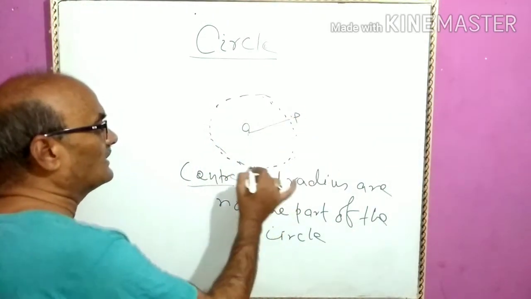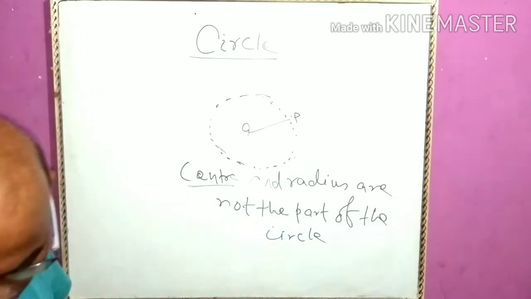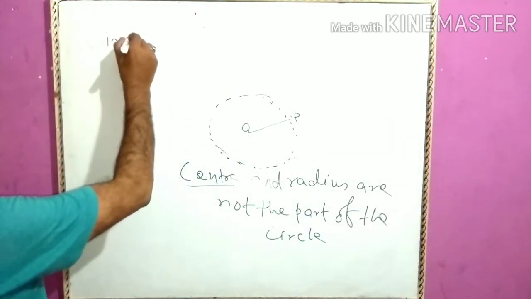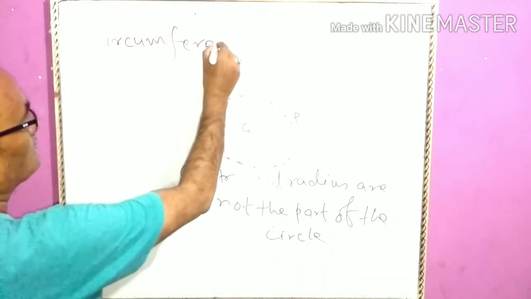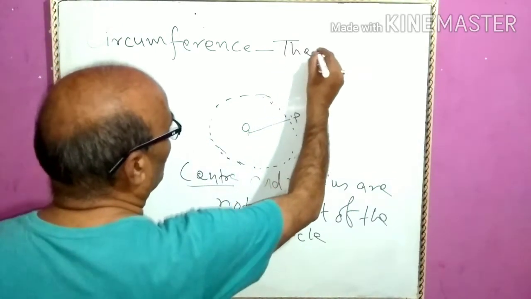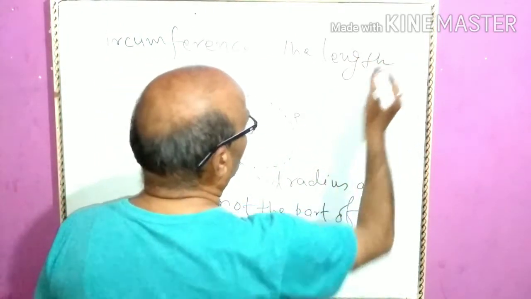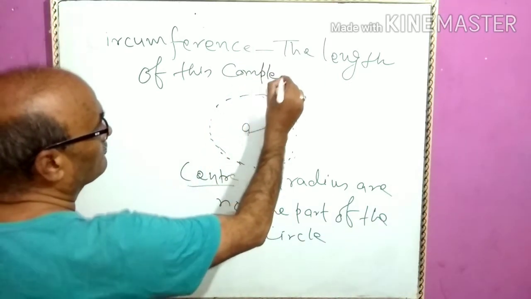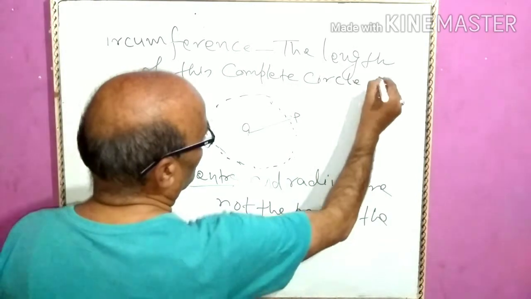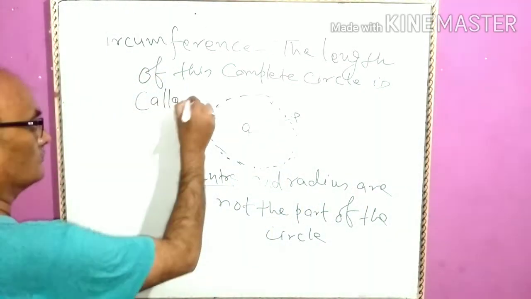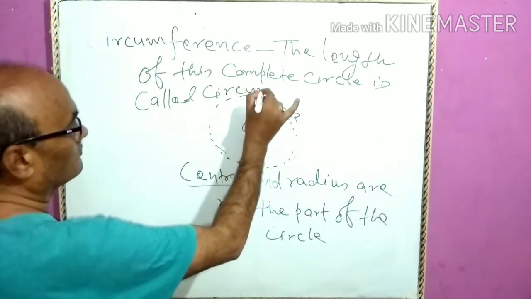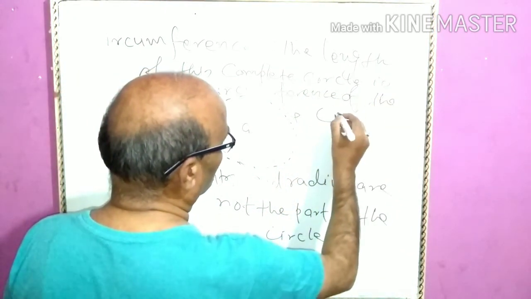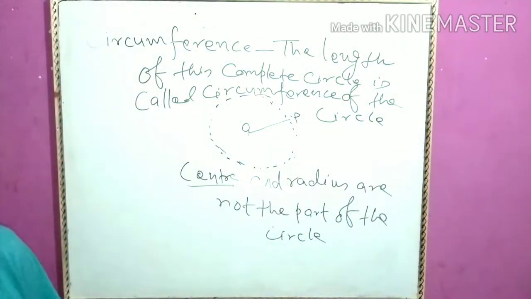The length of this complete circle is called the circumference of the circle. Am I clear?